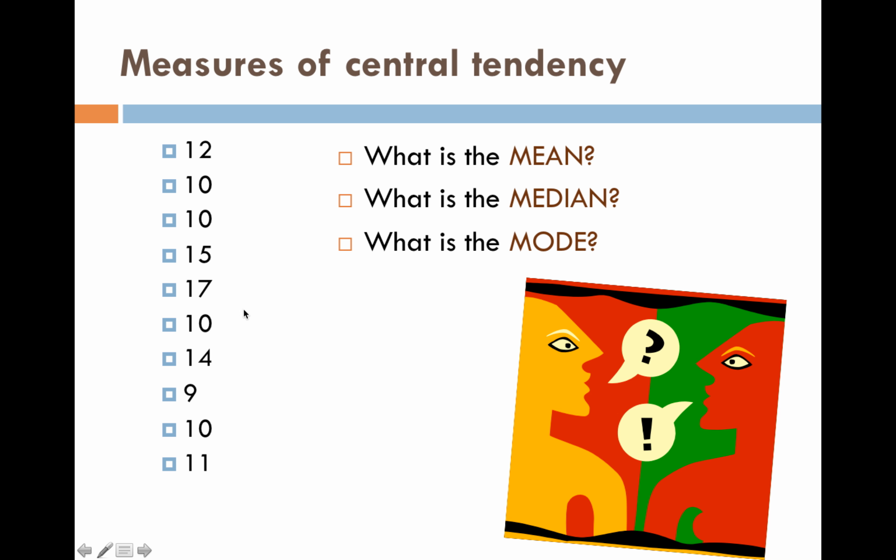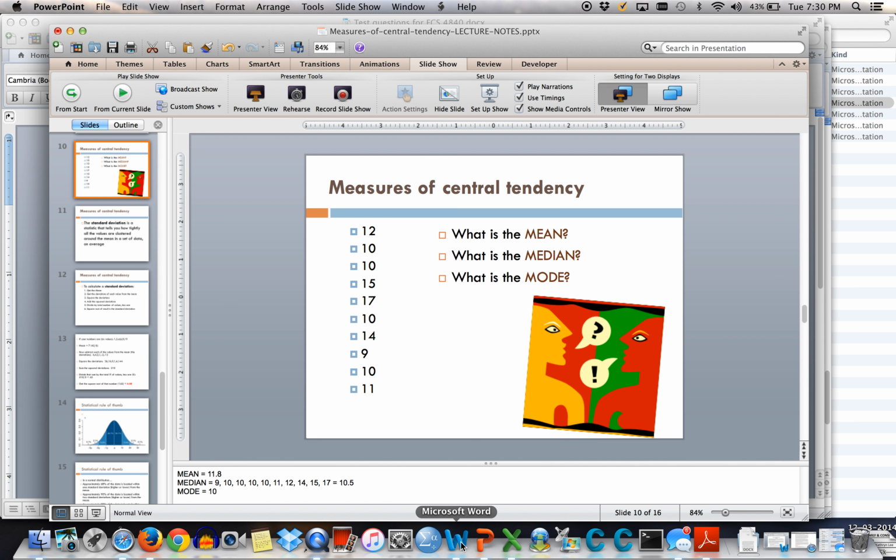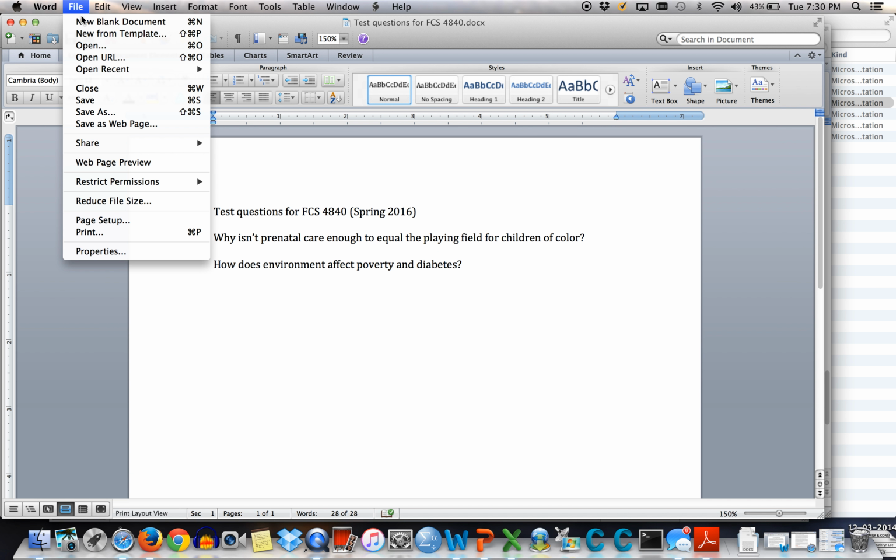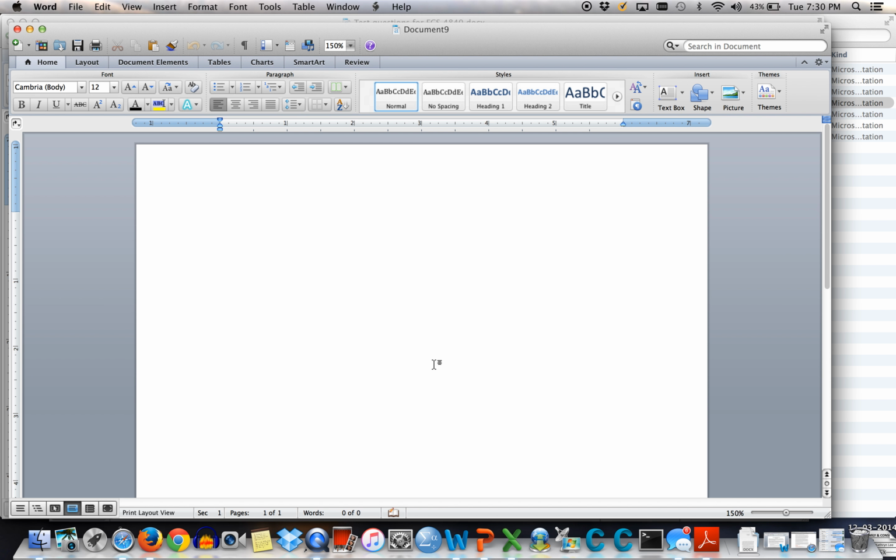If you wanted to calculate the median, you'd have to line them up. And so you'd put them in order. Let me just switch out of this for just a moment. Okay, so you're going to put them in order. Let me make this big.